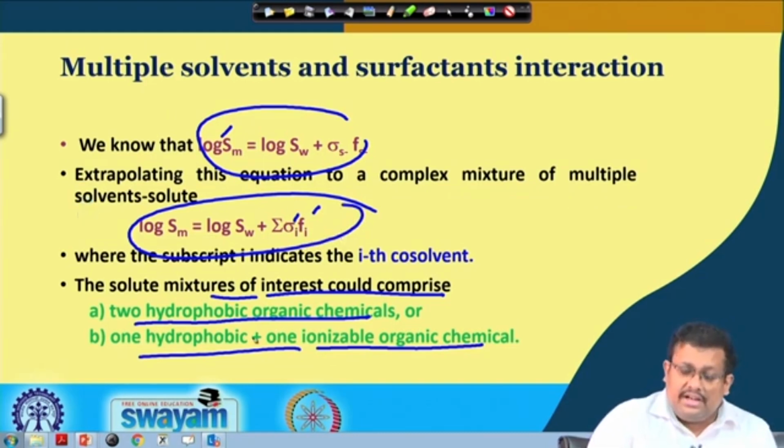The solvents are already multiple, and the solutes are also multiple. When the solutes are multiple, we can assume that these comprise two hydrophobic organic chemicals or one hydrophobic plus one ionizable organic chemical. Okay.